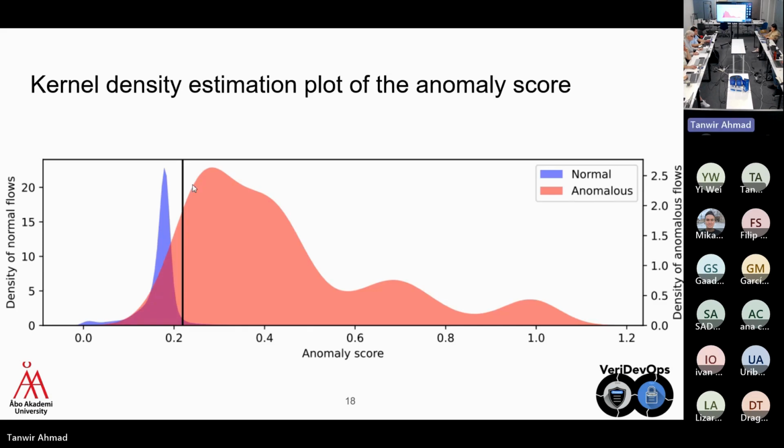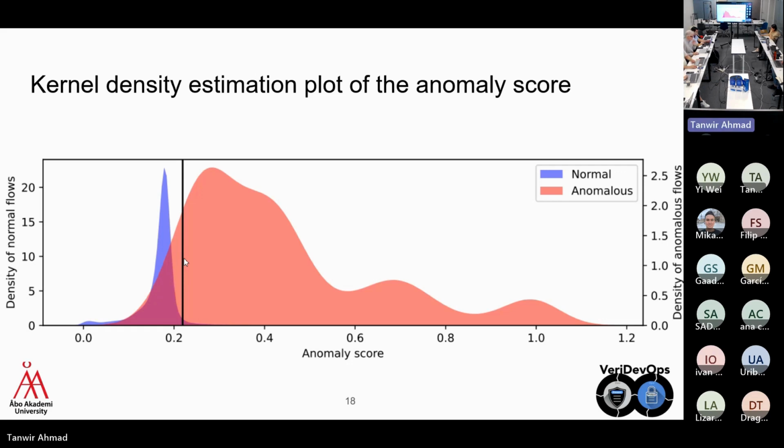So this is where we can see this kernel density estimation plot of the anomaly score that we assign to each sample in the test data set. And we can see here that this black vertical line represents the threshold.